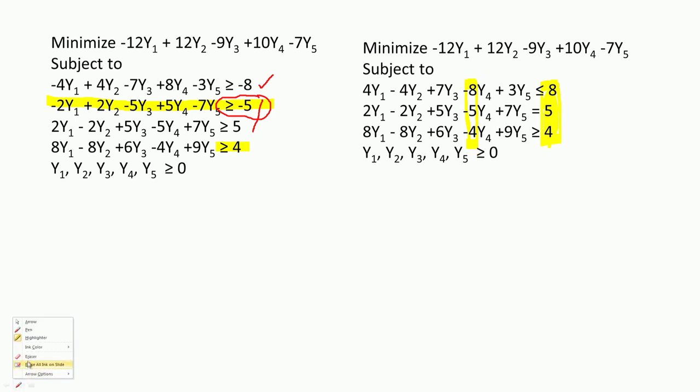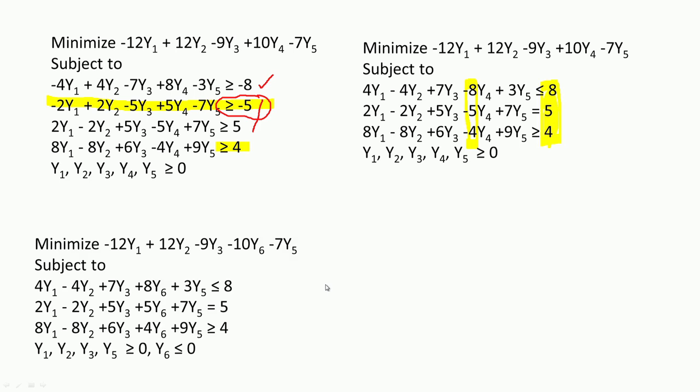So, we do that next. Now, you observe that minus 8y4 has become plus 8y6, minus 5y4 has become plus 5y6 and so on. y6 has become less than or equal to 0, and plus 10y4 has become minus 10y6.